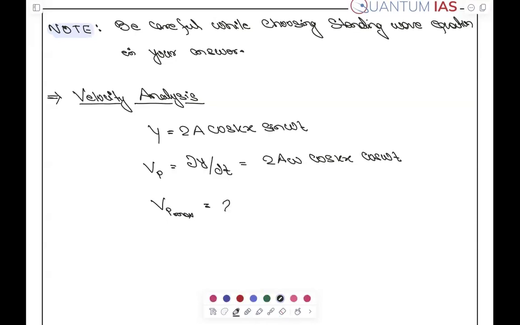Okay, can you tell me what is the phase difference between velocity and displacement?